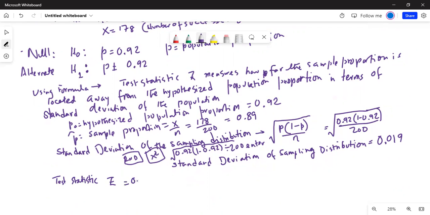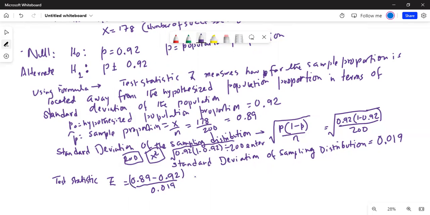So my sample proportion, I have already calculated 0.89, minus 0.92, the hypothesized population proportion in the null hypothesis, divided by the standard deviation of the sampling distribution, which is 0.019.